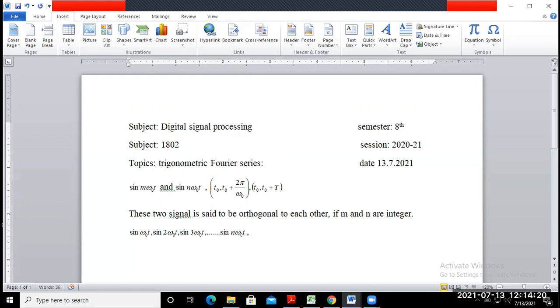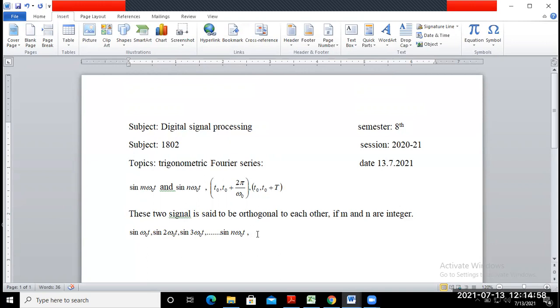To convert it into a complete orthogonal set, we consider cos 0 omega naught t as well. We do not consider n equal to 0 for sine, since sin 0 is 0. But for cosine we consider n equal to 0 also, and cos 0 omega naught t equals 1, which has a value.